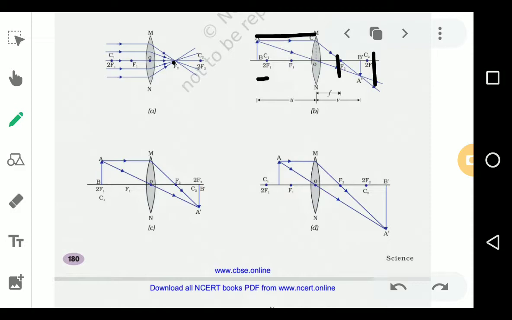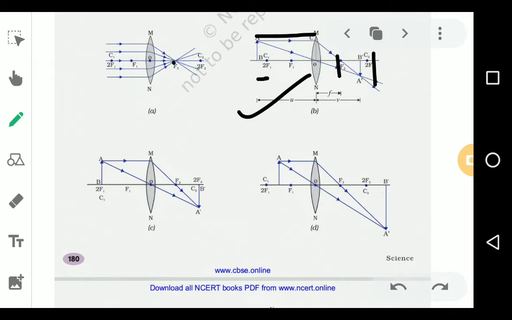In the next one, the object has come a little nearer to the lens. Here it was beyond 2F1, and now the object is present exactly at 2F1, and the object is AB, same as the previous two. Here also one light ray is coming parallel, and it is passing through the focus. Another one is passing through the center, and after getting refracted it passes in the same direction.